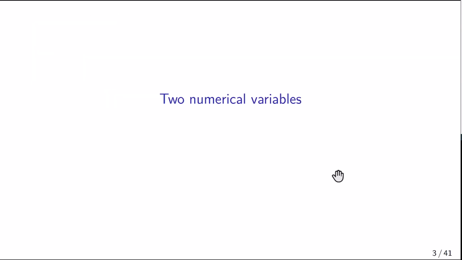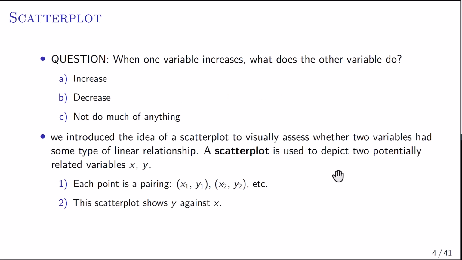For the 2 numerical variables, we already talked a lot in lecture 1. Basically, we're talking about how to describe them. We have 2 ways, right? Either the graphical way or the numerical way. For the graphical way, the graphical tool is what we mean by scatter plot.